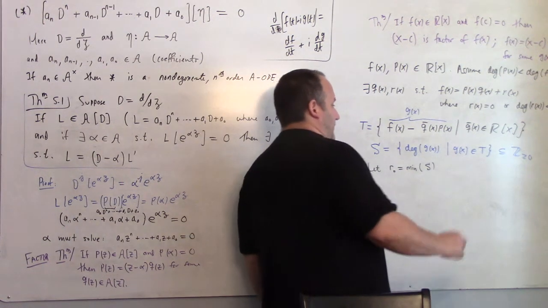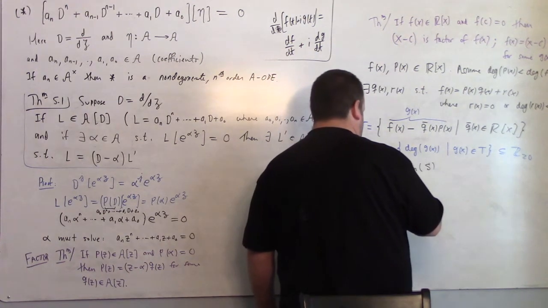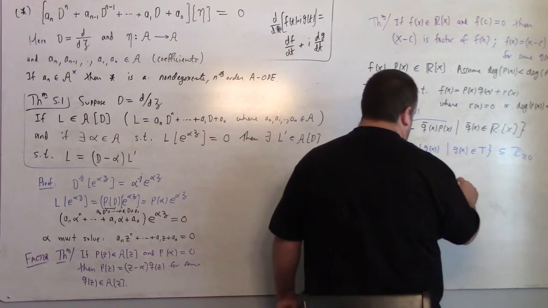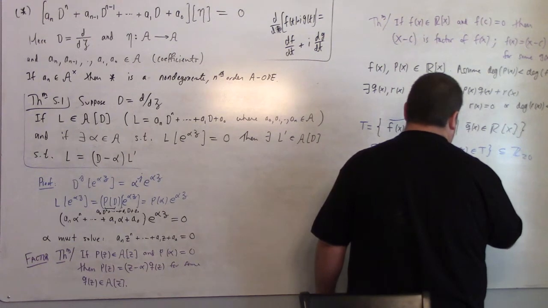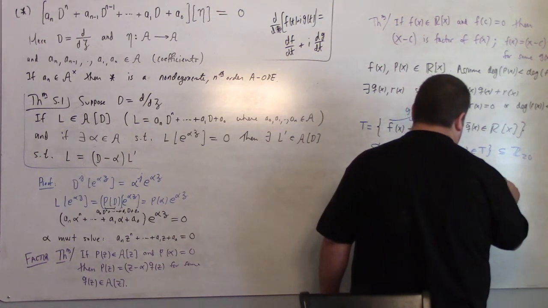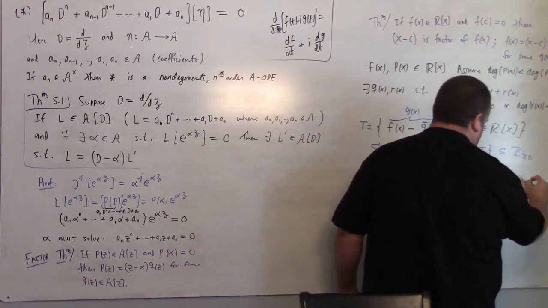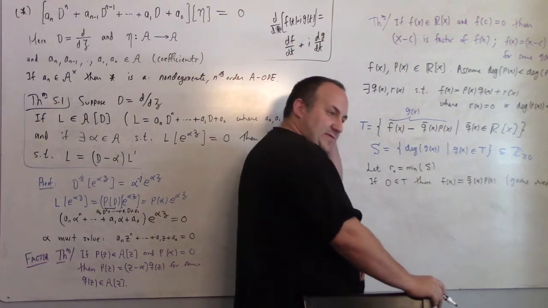Well, first of all, if 0 is an element of T, then f of x is equal to q bar of x times p of x. So we're done. Game over. Factored, remainder 0.